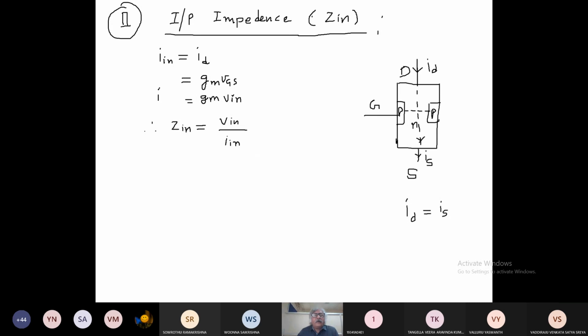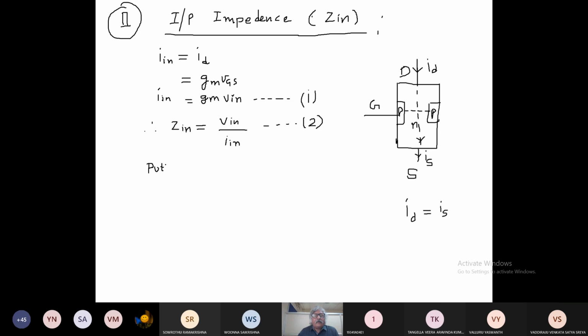This is expression number 1 for I in, and this is expression number 2.